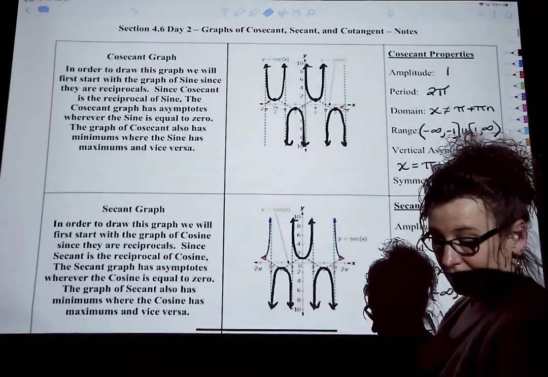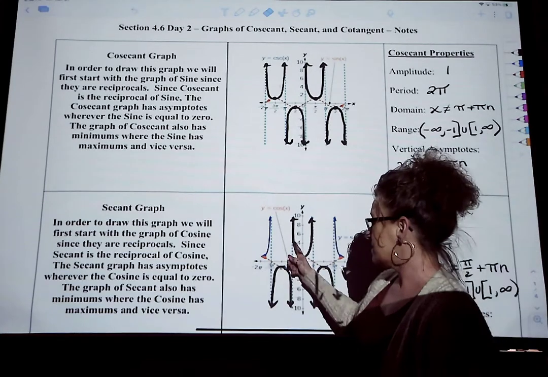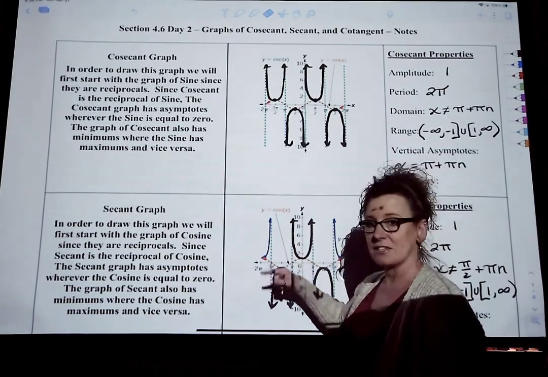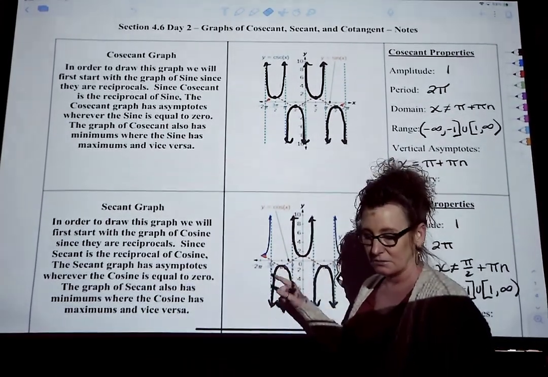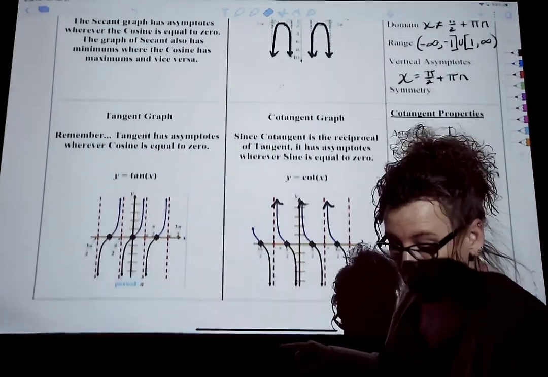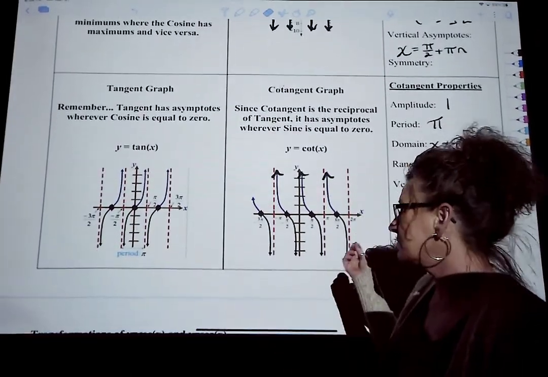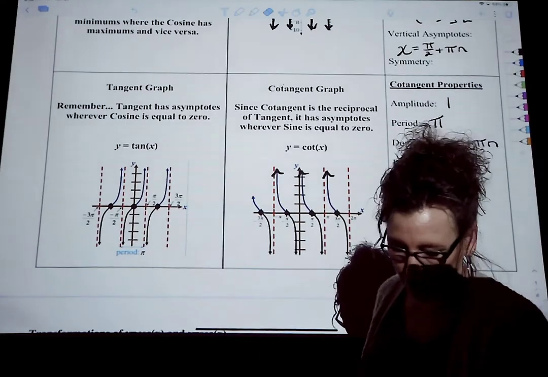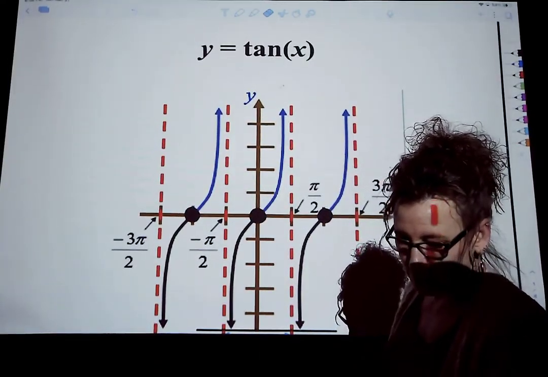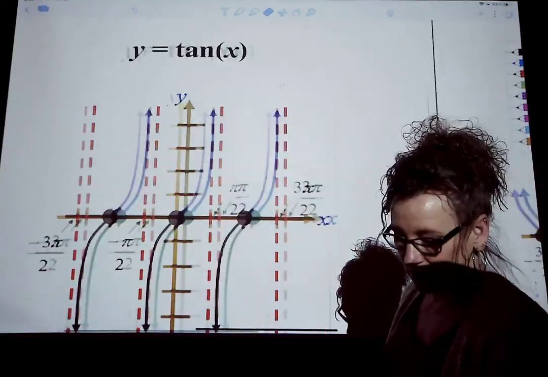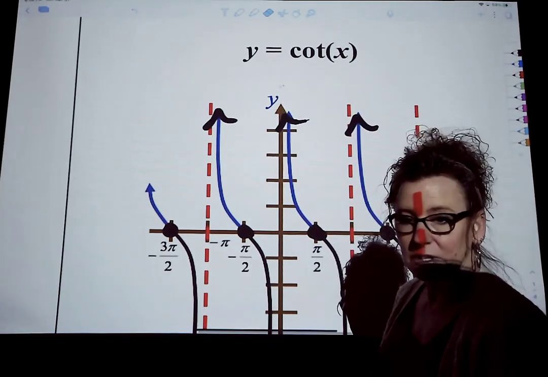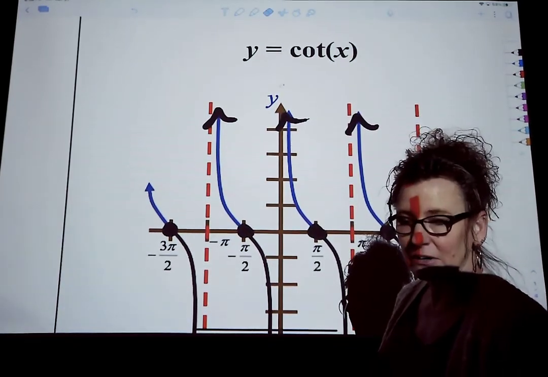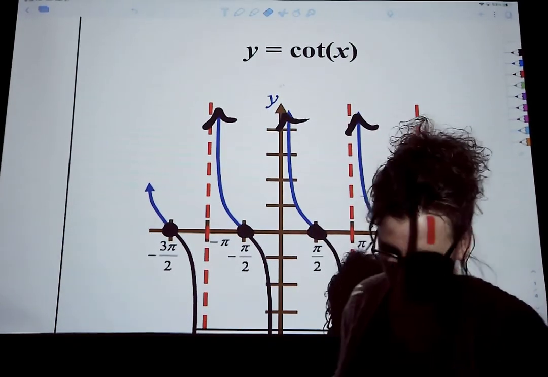So, weird. Actually, these graphs look nothing like the sine and cosine graphs. But cotangent does kind of look similar to a tangent graph. So here's what tangent looks like, and here's what cotangent looks like. Very similar. You got to be careful with those.